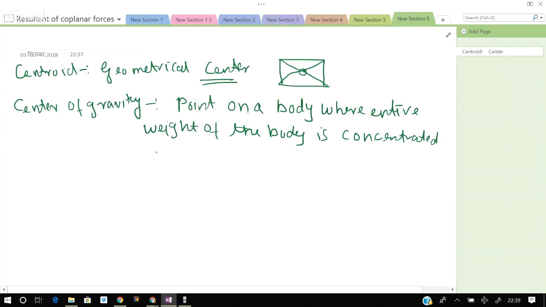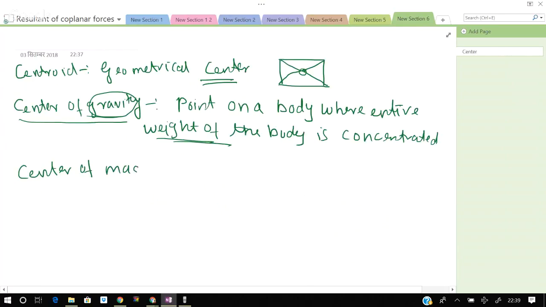So center of gravity will be a point on the body where the weight of the body is supposed to be concentrated.